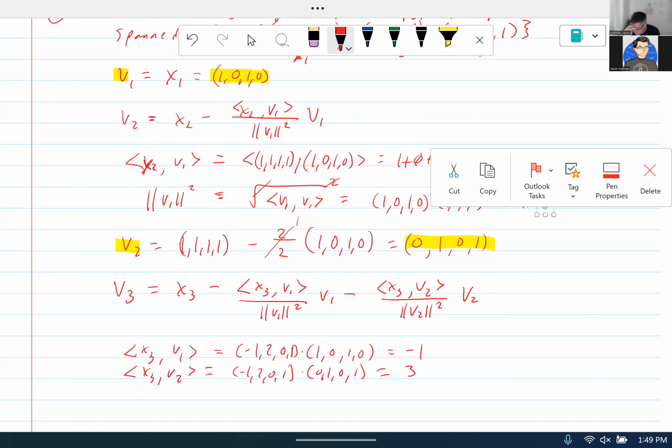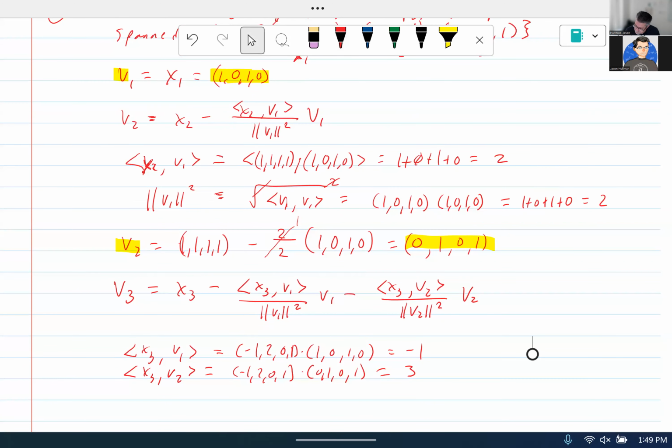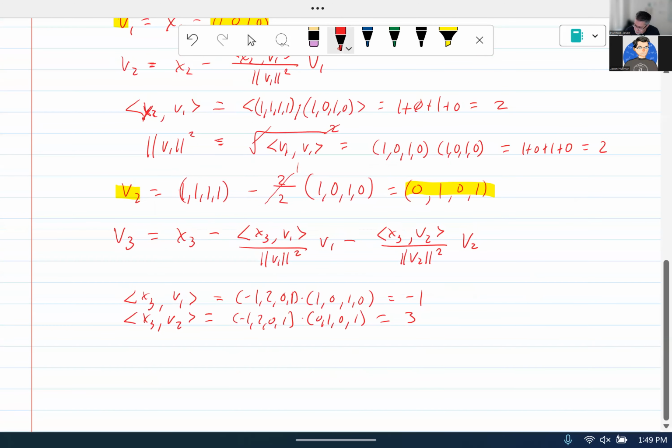And then square root that to get the norm. And for v2 we have 0, 1, 0, 1, which has basically the same components, just in a different order, so it's going to be 1 squared plus 1 squared, which is 2.